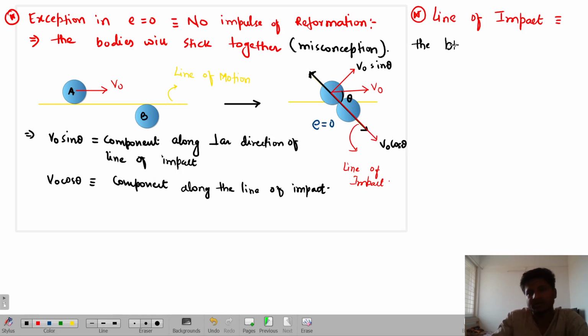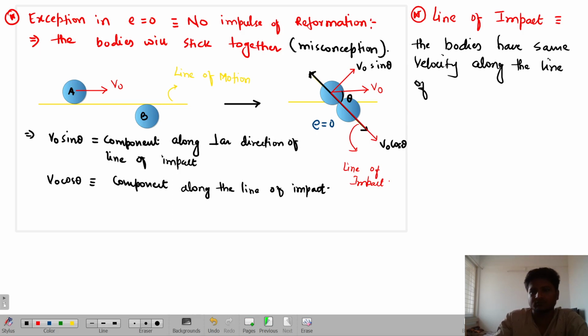Remember, the bodies have the same velocity along the line of impact if E is equal to 0, isn't it? ध्यान से देखो, bodies have same velocity.